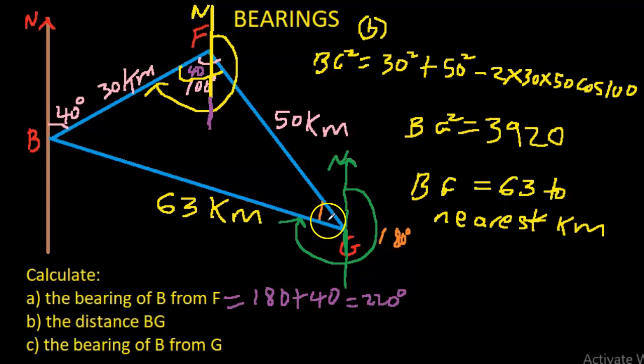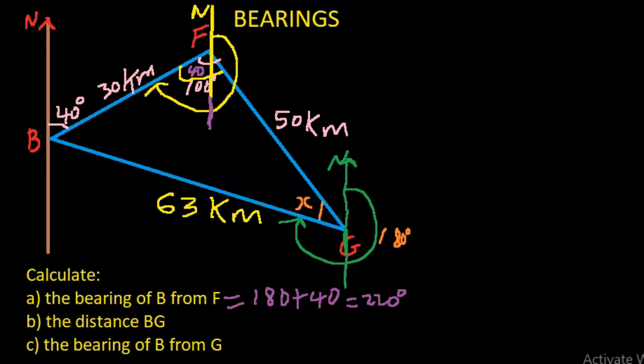So we need to know this angle. Let me call this angle X. And of course we can apply the sine rule to the triangle BFG. We can apply the sine rule because we have an angle and we have the opposite side.